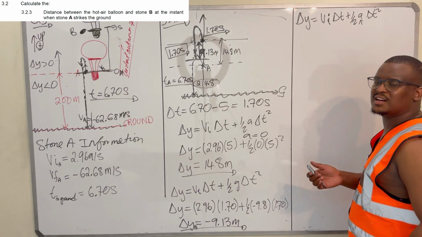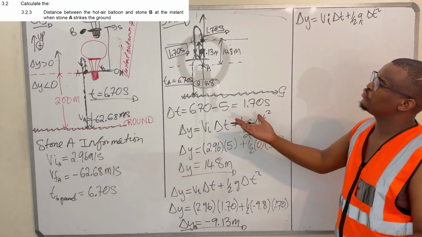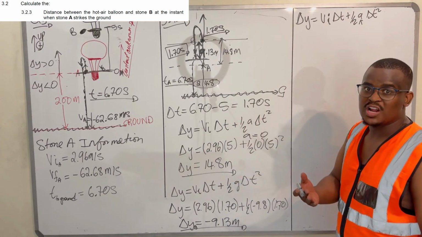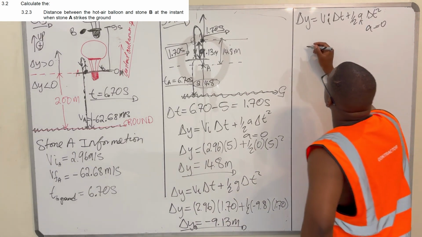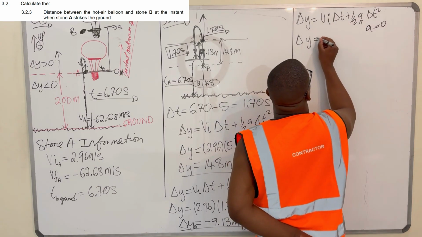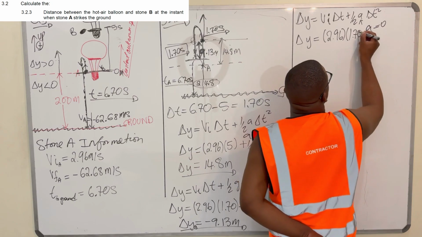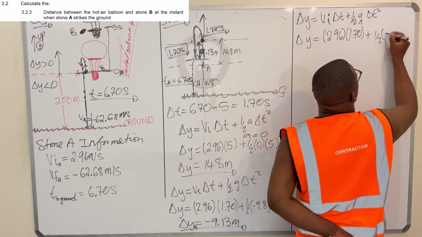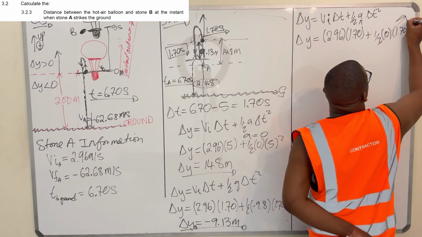So its acceleration is not 9.8 meters per second squared like our stones, because both stones are in free fall, but the hot air balloon is not. Its acceleration is 0. So the displacement of the hot air balloon, delta Y, is equal to 2.96 times 1.70 plus half of acceleration, which is 0, times 1.70 all squared. So all of this part is 0.